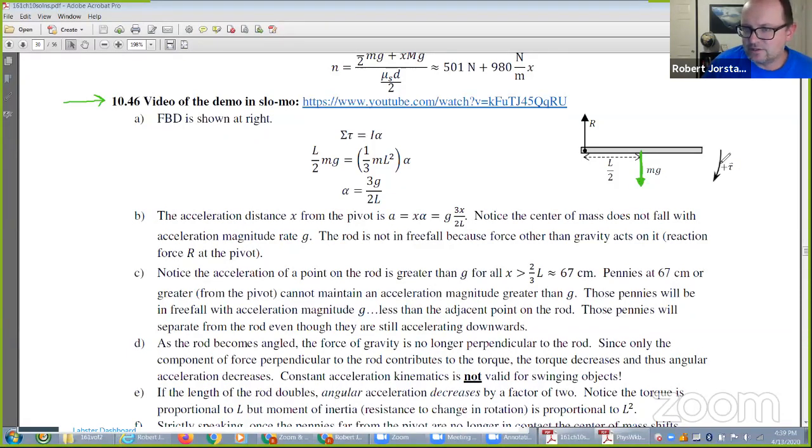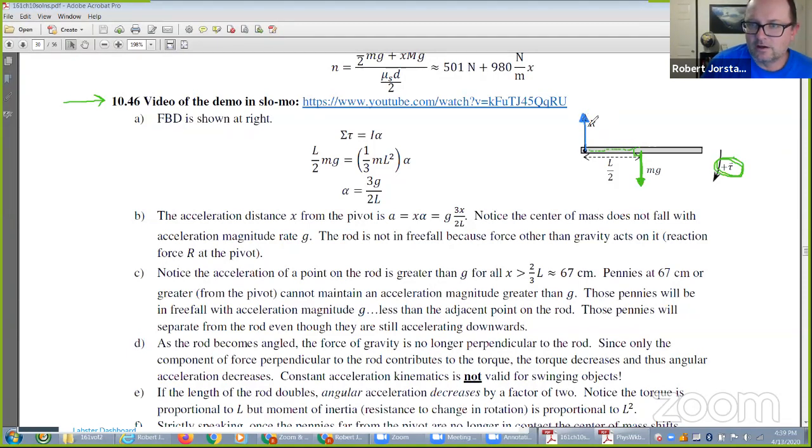I'm actually showing the entire object now because for torque purposes, if we want to understand torque, we not only need to know about the force existing, we need to know where it is, because now this L over 2 is important for doing the torque calculation. I'm going to mention this other force too. This thing is not in free fall. There's another force here, this R vector.